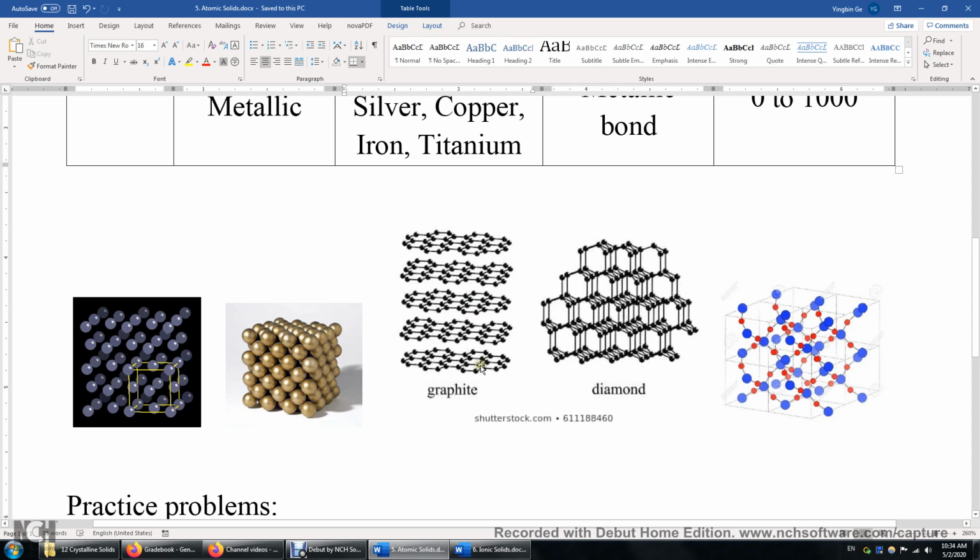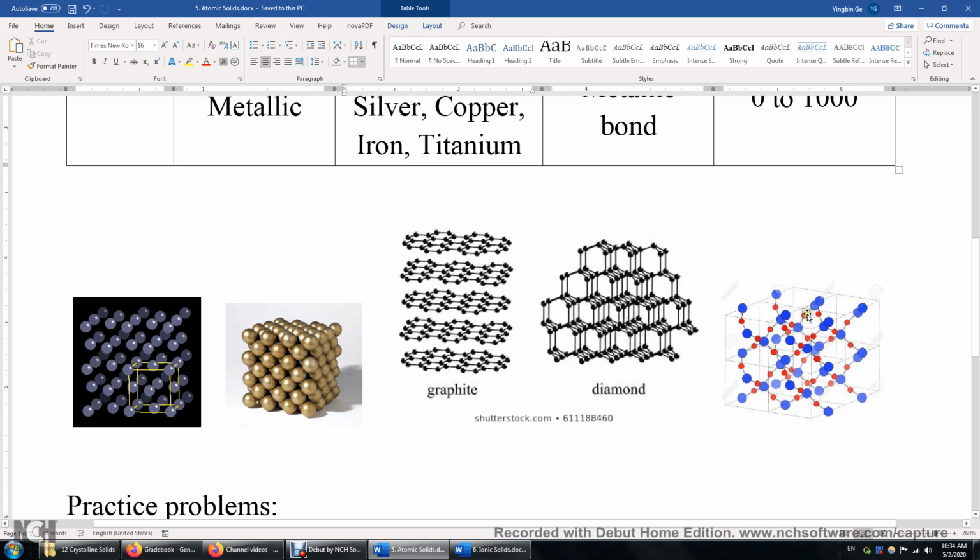That's why graphite is a lot softer than diamond. However, the melting point of graphite is high, because if you really want to melt a piece of graphite completely, again, you need to break those carbon-carbon bonds. So graphite has a really, really high melting point.